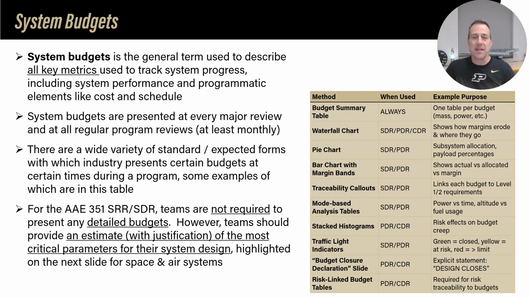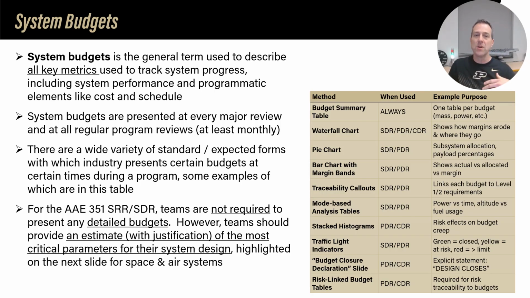System budgets. I know in the real world, budgets are referred to as money only. Like you keep a budget, you keep your money safe and planned out in a budget. It's a little bit similar to that, but system budgets refer holistically to all the key parameters that are tracked for a system over its life cycle.